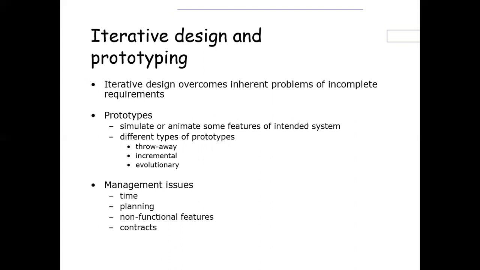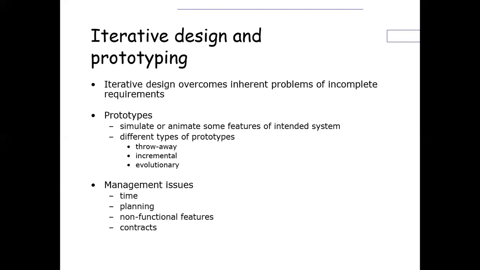And next we'll see the incremental prototype. In the incremental prototype, the final product is built as separate components, one at a time. There is one overall design for the final system, but it is partitioned into independent and smaller components.